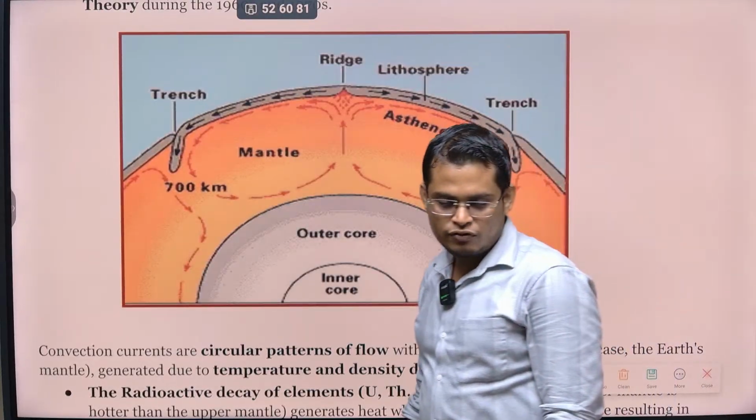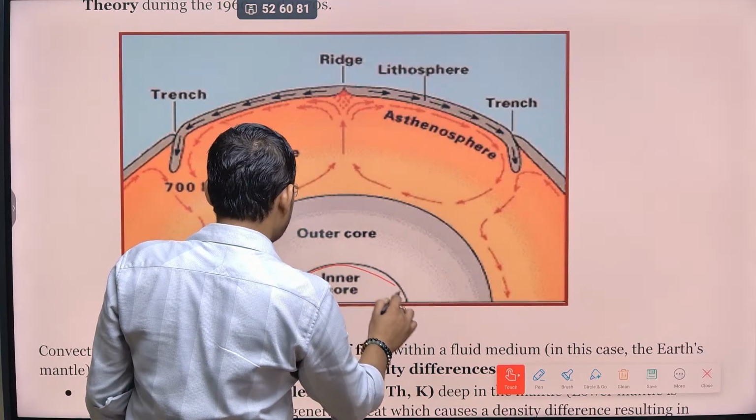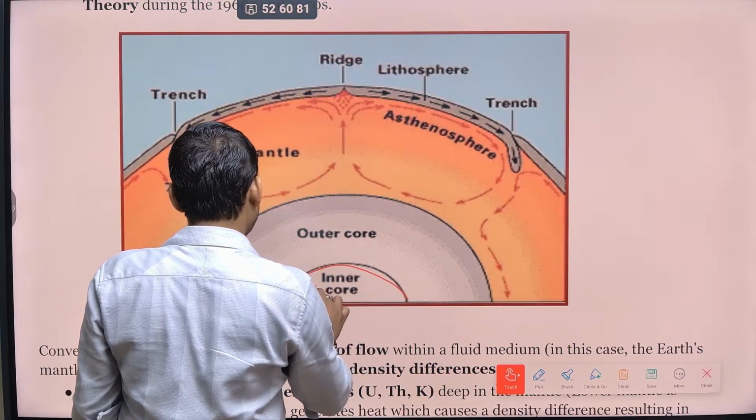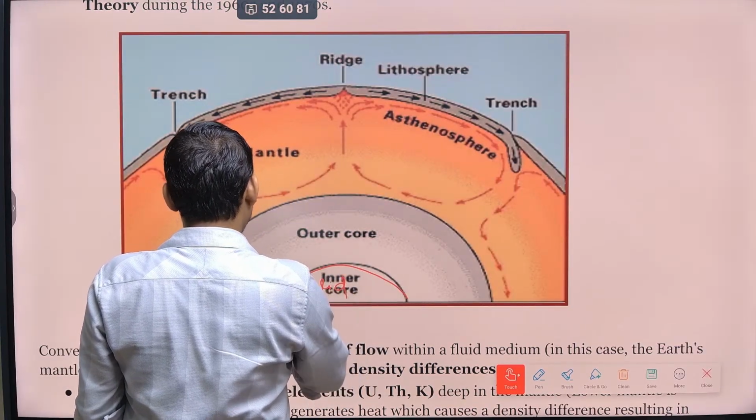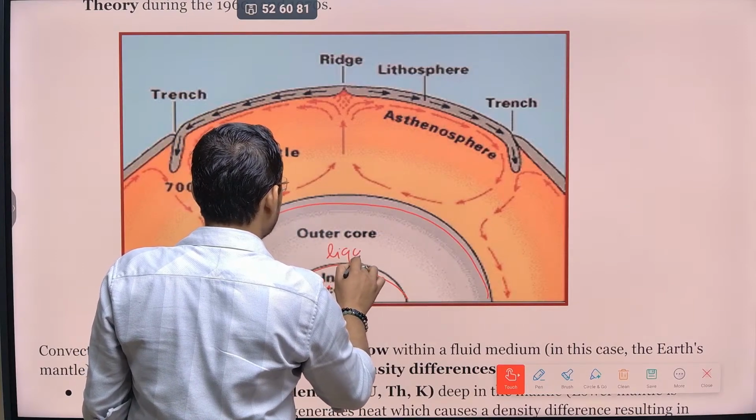The earth is not a single layer; it consists of concentric layers. This is the inner core, which is solid. This is the outer core, and the outer core is liquid.